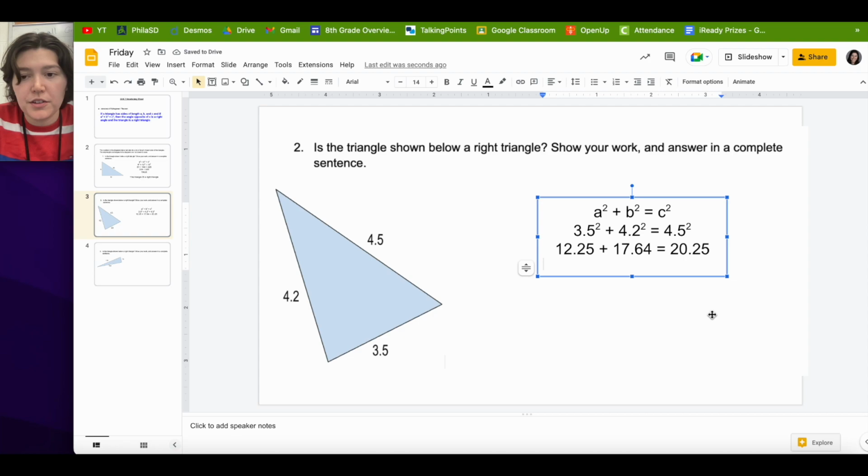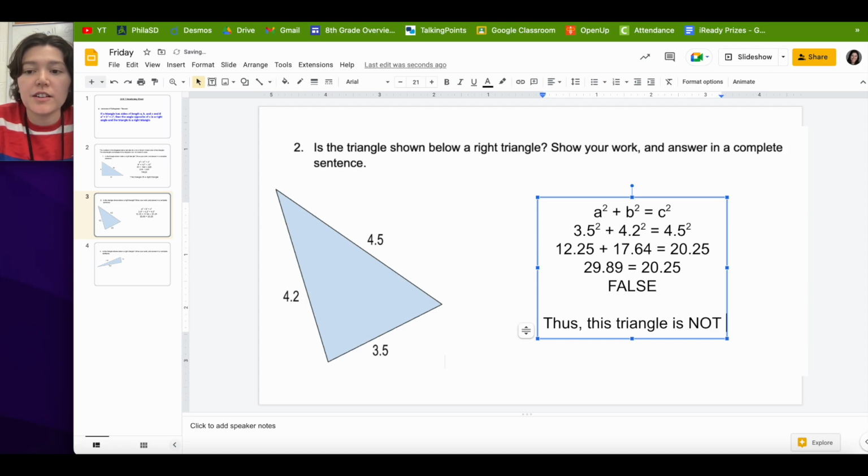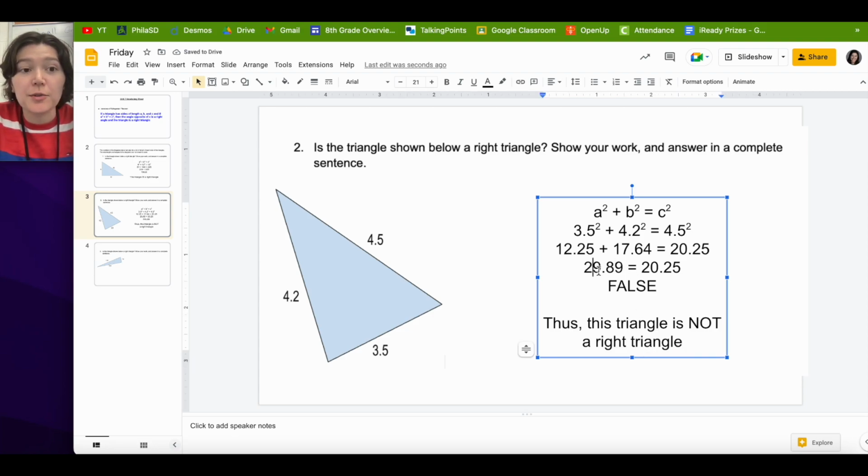If we do 12.25 plus 17.64, we're going to get 29.89 equals 20.25. That is false, not true. Thus, this triangle is not a right triangle, since a squared plus b squared doesn't equal c squared.